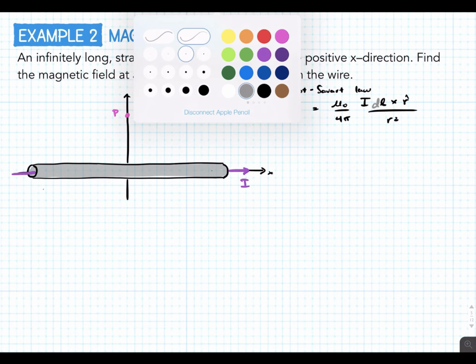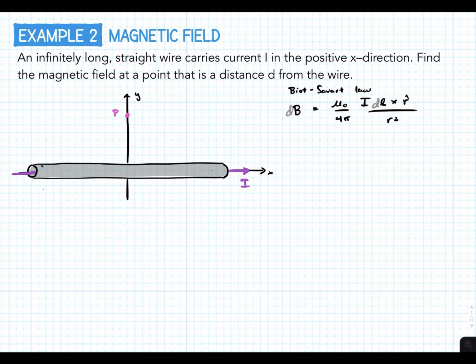And what that means is we're going to break up this wire into a bunch of super tiny pieces of the same size, all ds, and in this case it's going to be dx, all size dx, and dx is a vector in the direction of the current, which points in the positive x direction. Okay, so instead of dl, sorry, this is dl, we get dx.